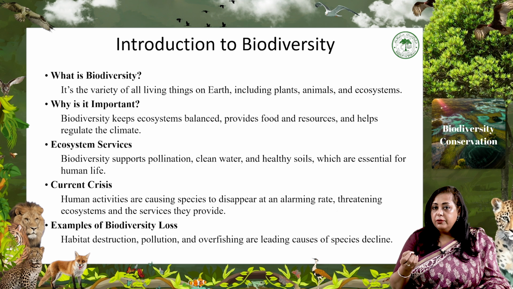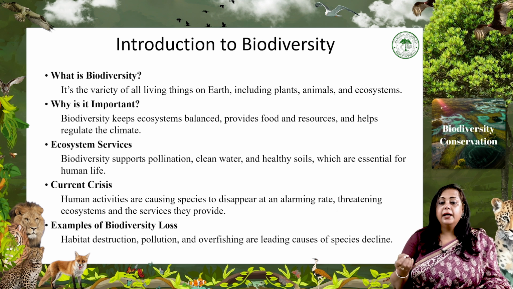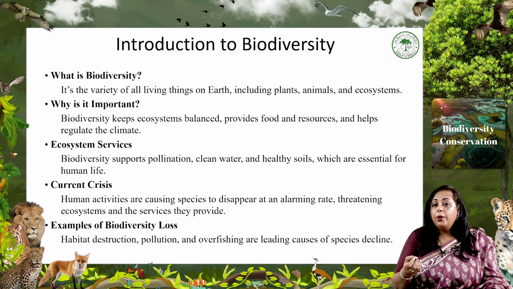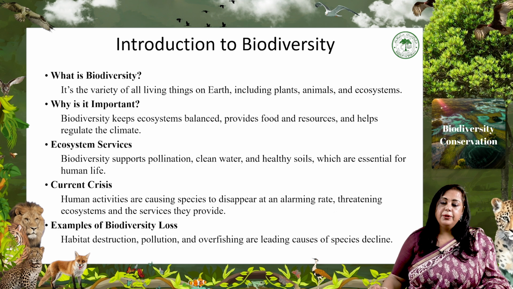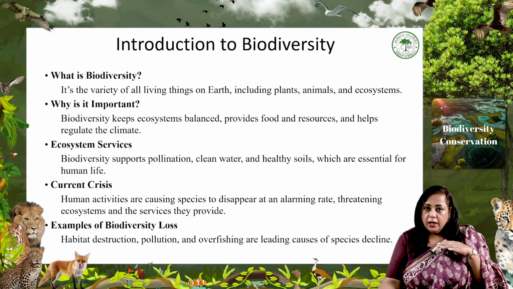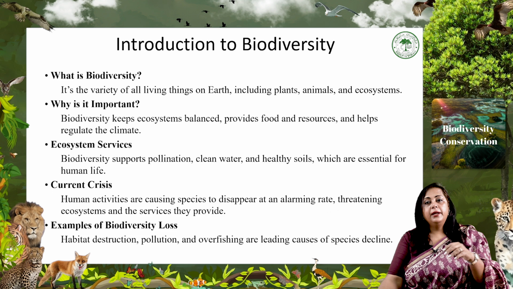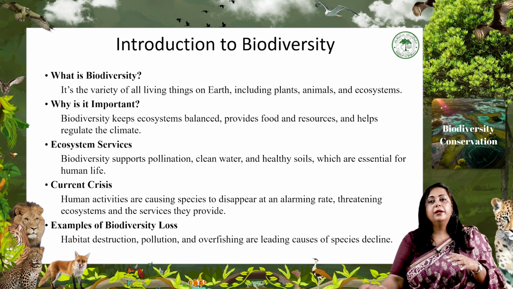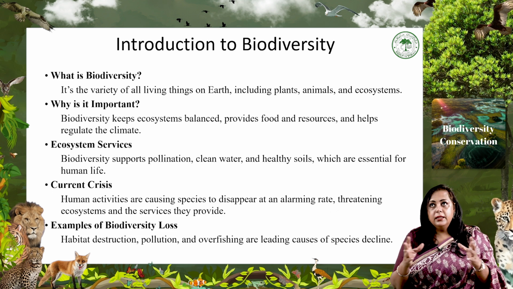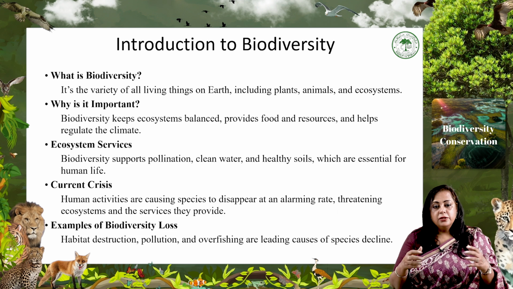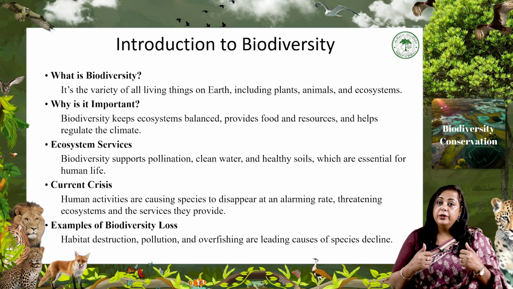An example of biodiversity loss is that habitat destruction, pollution and overfishing are leading causes of species decline. What are we doing in habitat destruction? We are entering into the animal habitat, the natural habitat, and we are cutting the trees for urbanization. We are making houses for ourselves.